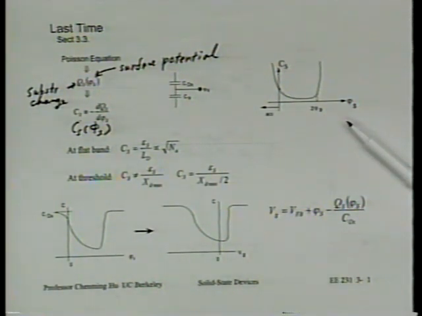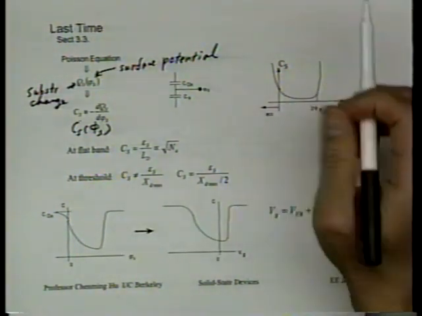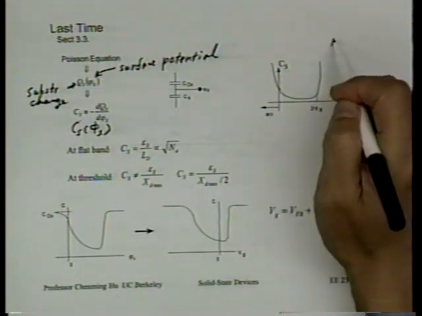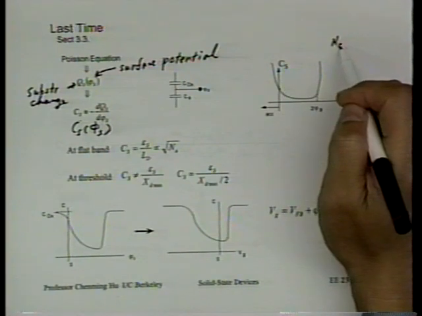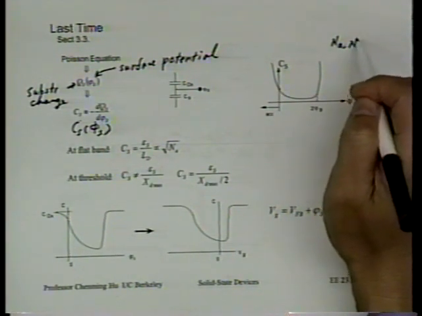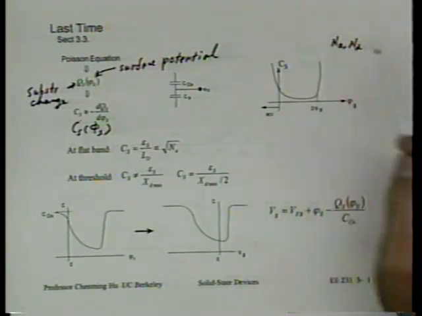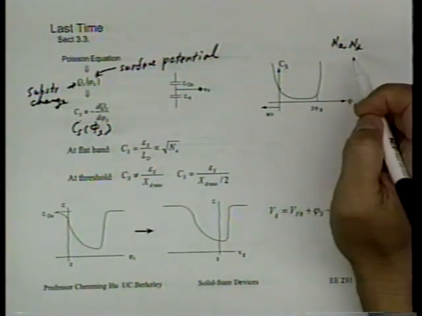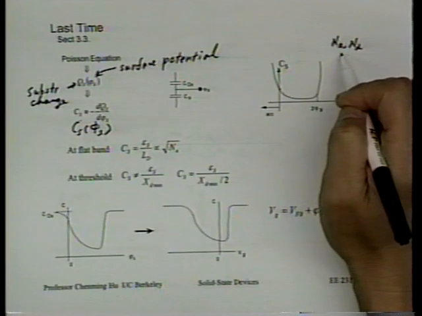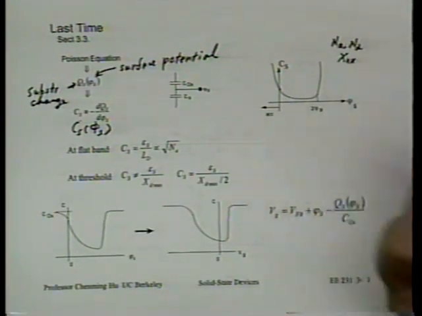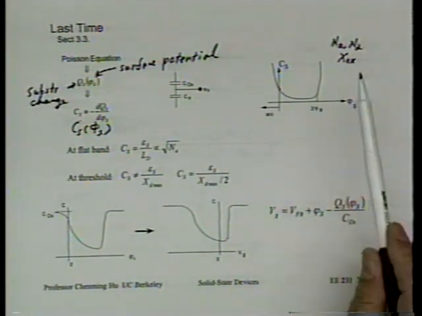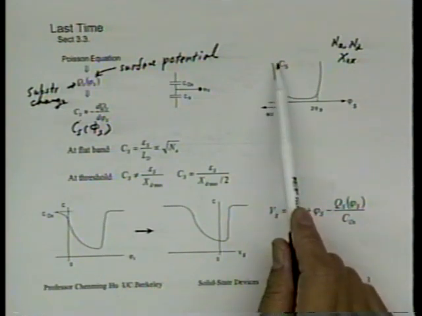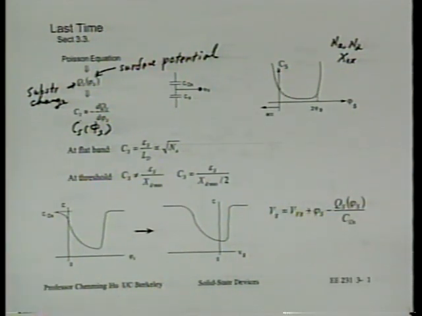There are only two parameters in this expression. One is the doping concentration, NA or ND. And the other is oxide thickness. All right, so those are the only two parameters. With those parameters, one can plot CS as a function of phi s.